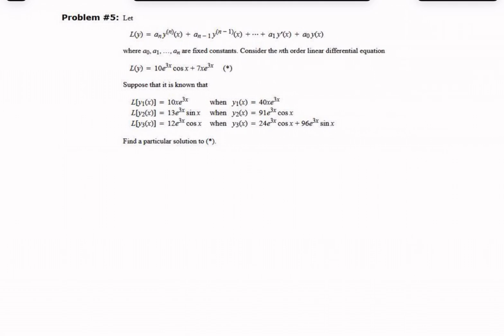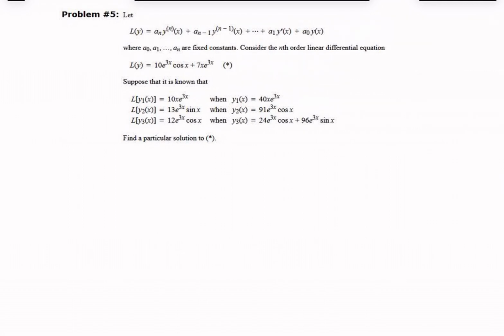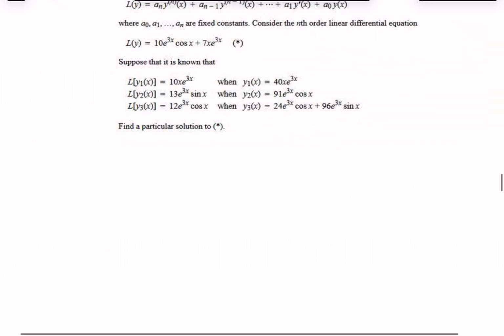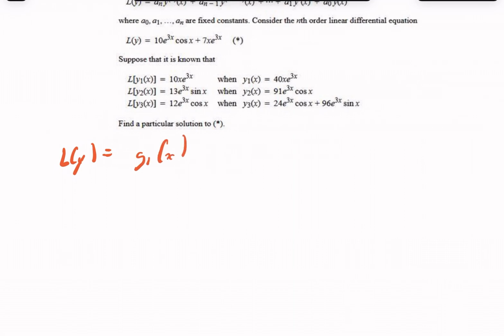For this question, they're saying that our general solution, and this was superposition part 2, which is the place in the slides where you'll find it, is: for L at y equals g1 at x plus g2 at x.